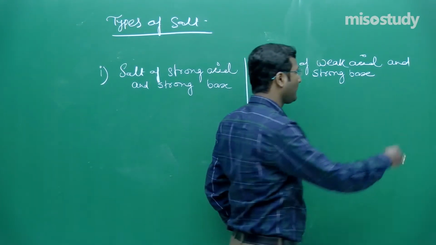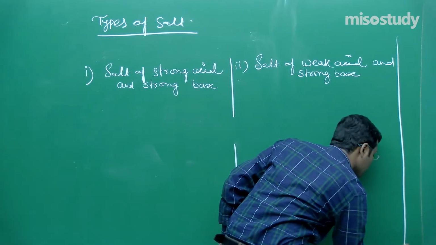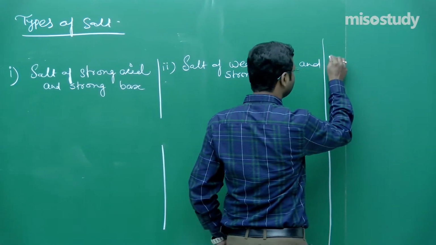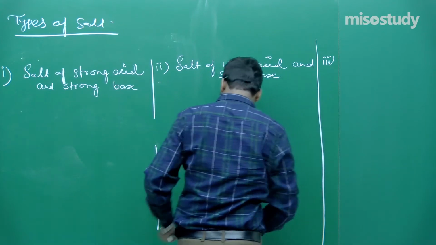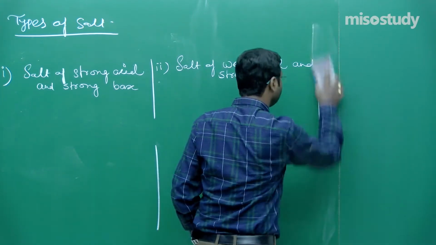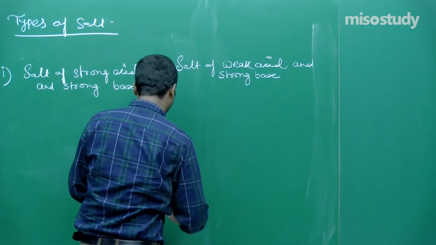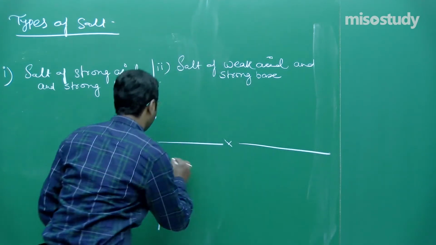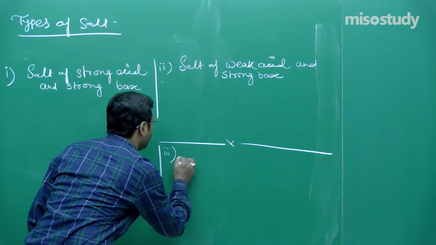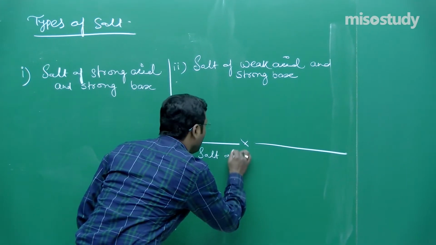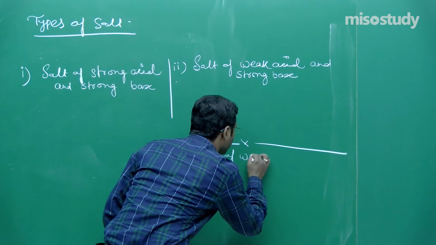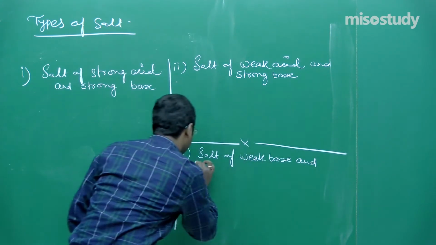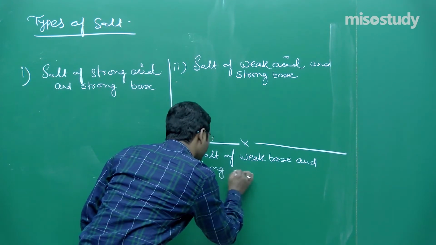Now, what is the third type? It's very simple. Okay, wait for a moment. I'm writing here. Friend, this one is third. You can write salt of weak base and strong acid.